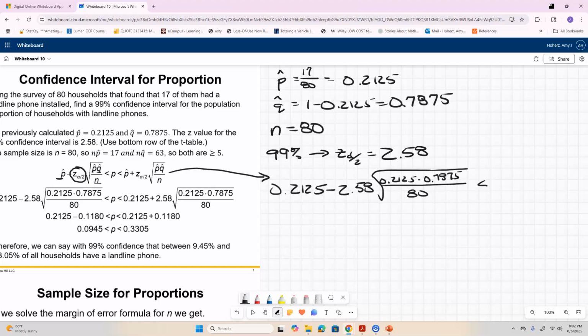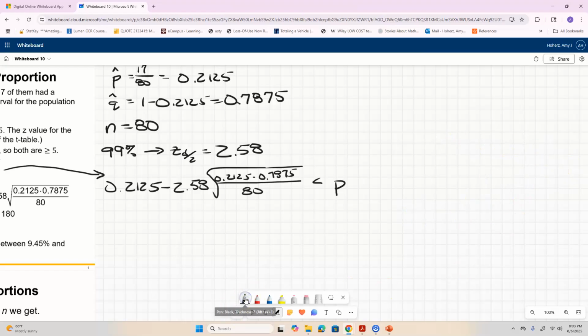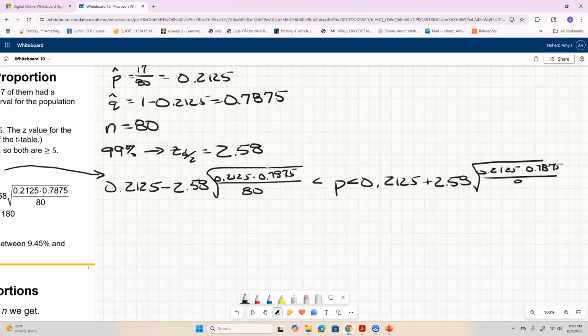And that's going to be less than our sample proportion. And we do the same thing on this side, but with a plus sign. So plus 2.58, and then our same things under our square root, 0.2125 times 0.7875 over 80.